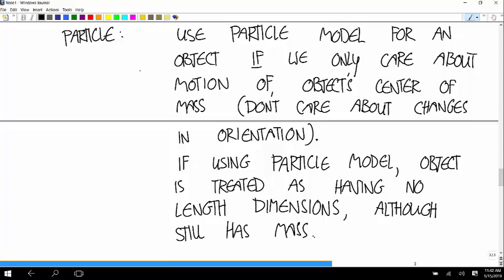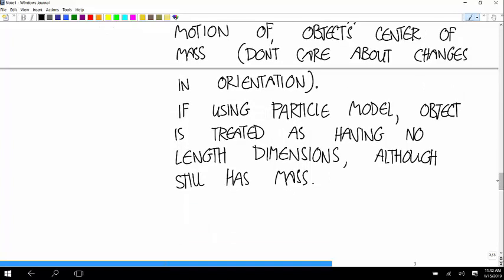And so when we say, what's the position of the particle? The position of the particle is where its center of mass is, the location of its center of mass.